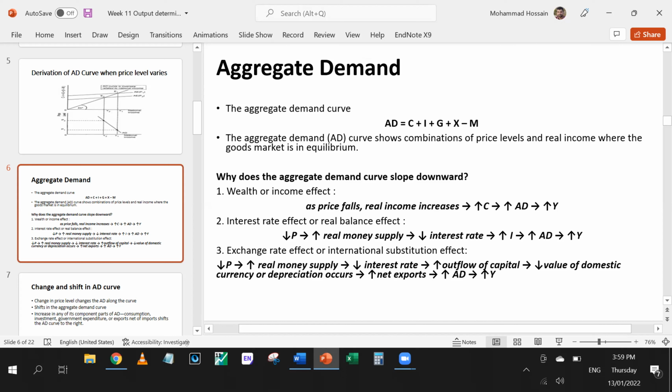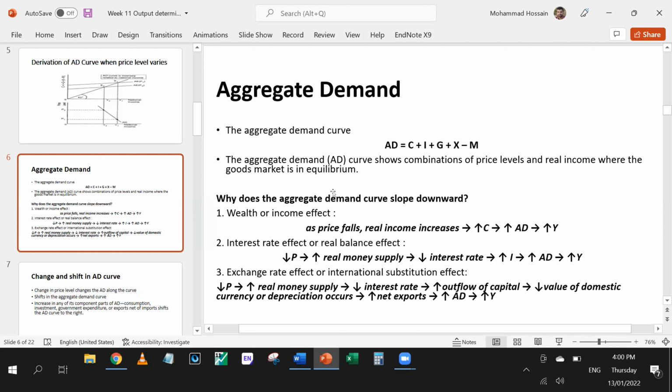For example, let's say you have $10, and with this $10 you can buy 20 bananas. Now, when the price drops, with the same $10 you can buy more bananas.